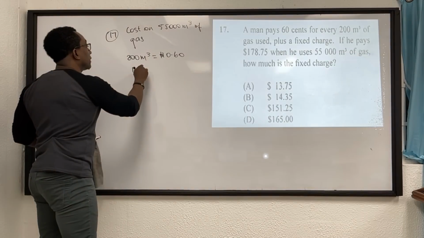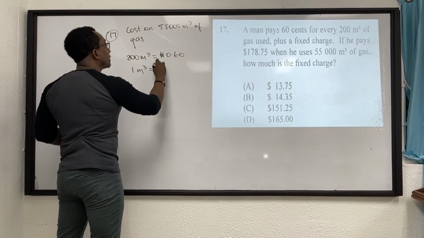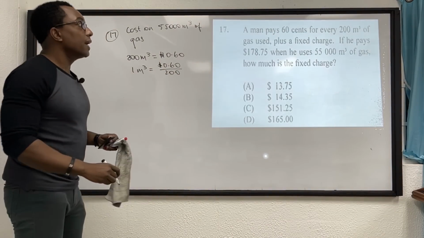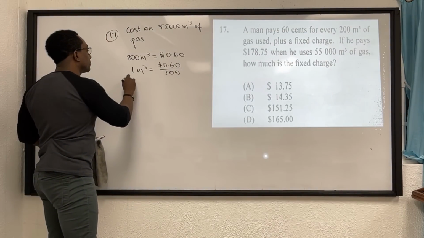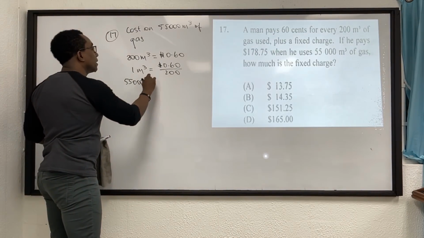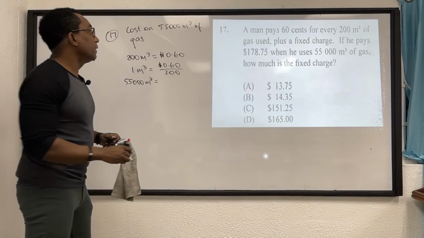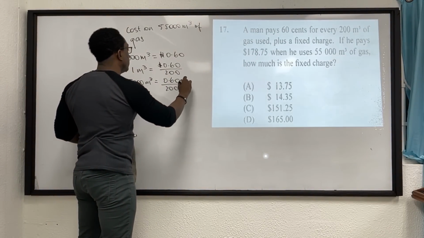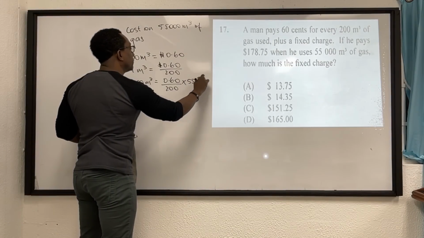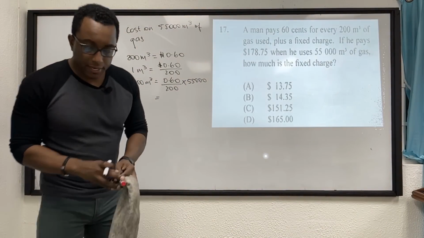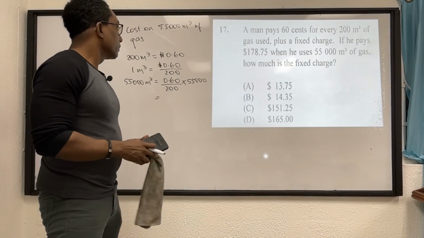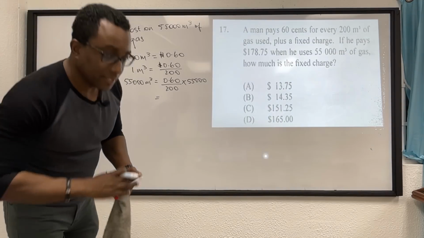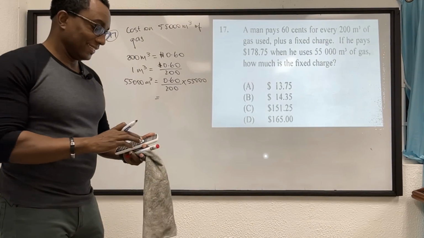So 1 meter cube is equal to 60 cents divided by 200, and therefore 55,000 meter cube will be 60 cents divided by 200 multiplied by 55,000. We can use our calculator at this point to calculate. Now, with your multiple choice, you cannot use calculators, but I'm using my calculator just to save some time.